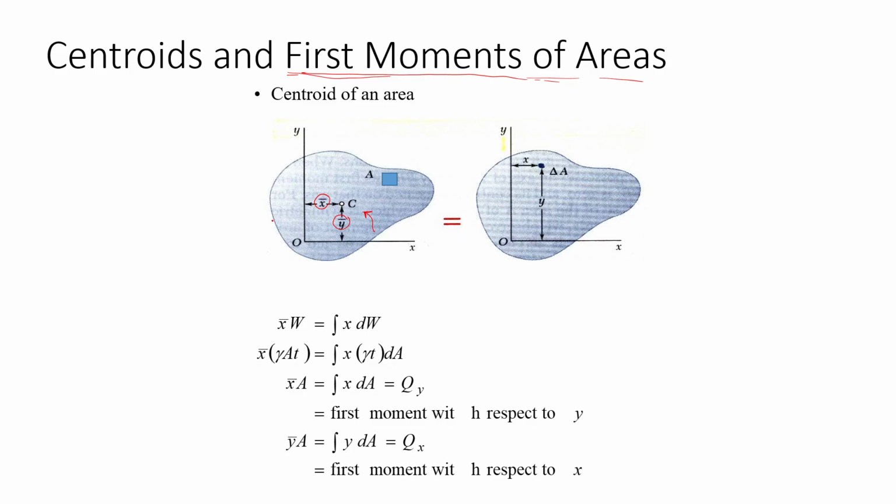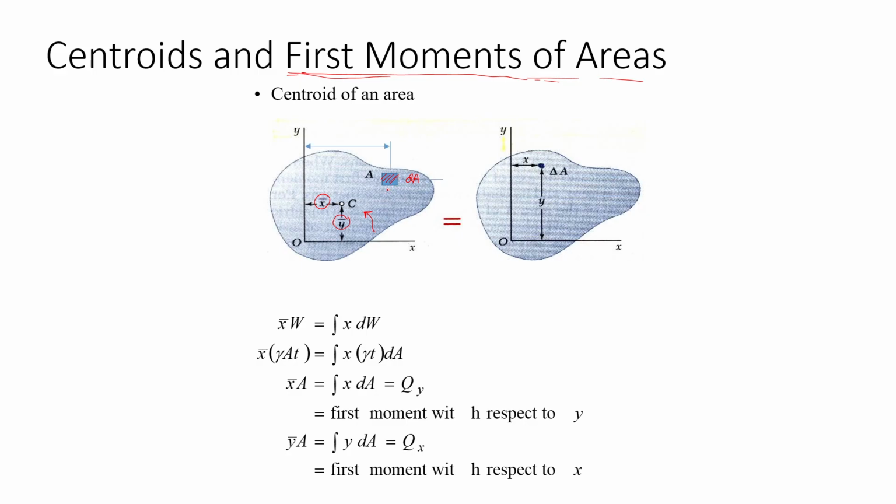So again, since our concept is we're going to add up different parts or several parts and their corresponding centroids on the right side, that's why we're going to take up a differential area. So for example, this is our differential area, dA, and then we're going to determine the distance of the centroid of this particular differential area.